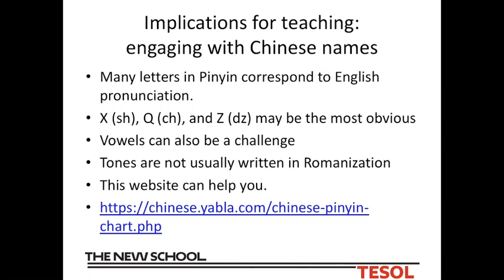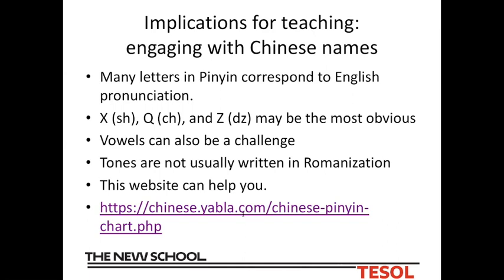So when you see a name on the roster, for example, Mei Lin, you don't know which tone it is, right? So again, you have to engage with the student to get a sense of what the tone is for their names.